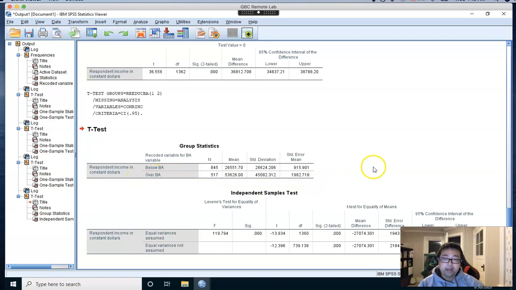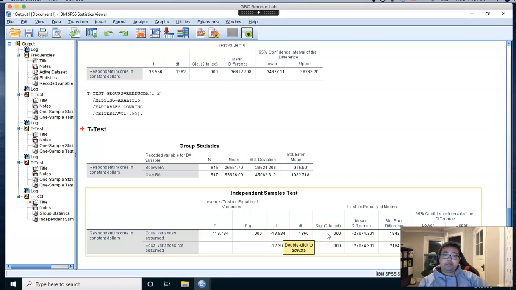still we can see the higher income level in the over BA on average. And you can go to the equal variances assumed row because we always assume that those two groups have equal variances. Then you can go to t and see the significance level.